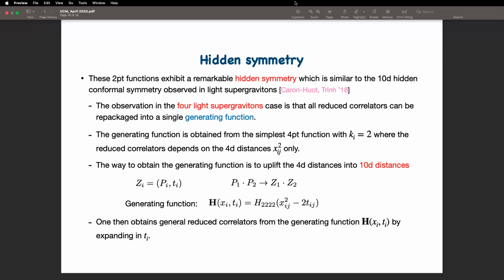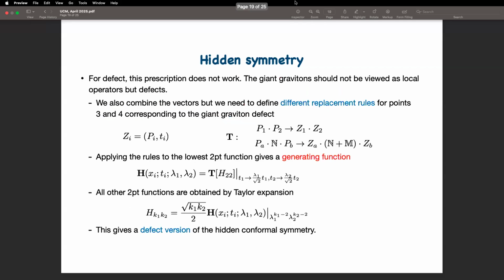And doing so to the lowest correlator, you get a generating function, and all you need to do is to expand with respect to Tij to get the 4-point reduced correlator of higher values of Ki. Okay, so that's what these people found a few years back for correlators with just light operators.